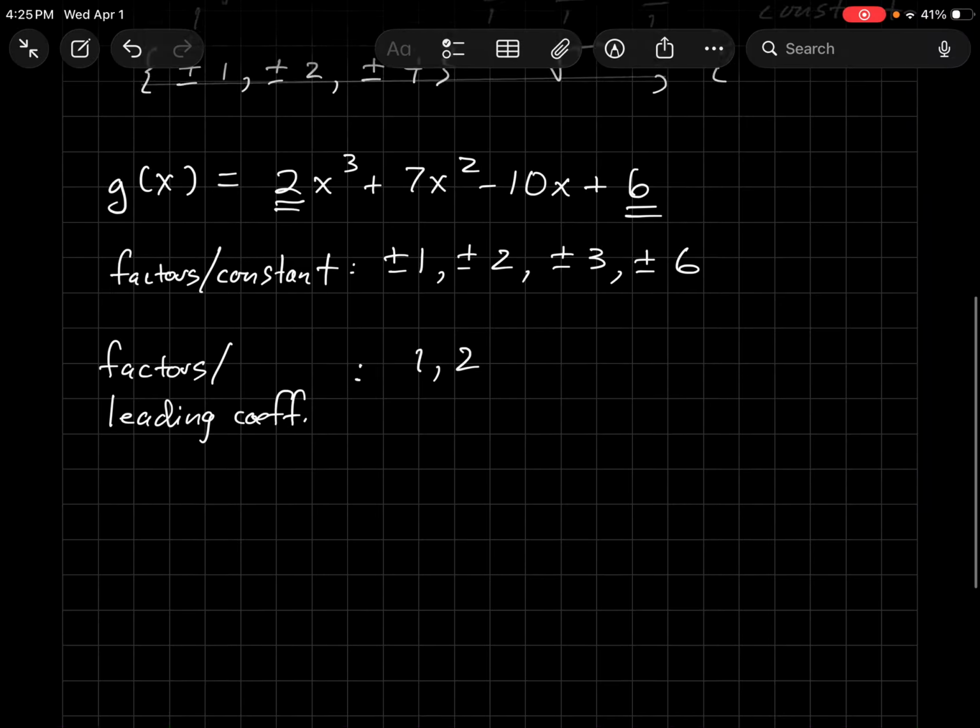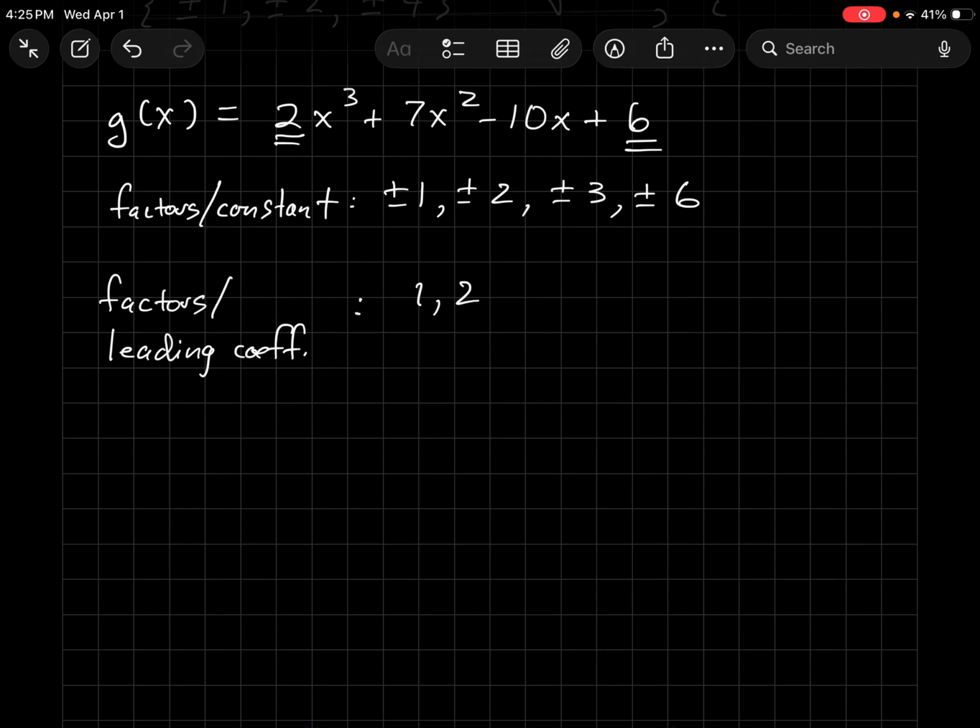So how do I get the possible rational roots of g of x? Well, I have to do all of these in turn divided by all of these, meaning plus or minus 1 over 1, plus or minus 2 over 1, plus or minus 3 over 1, plus or minus 6 over 1.